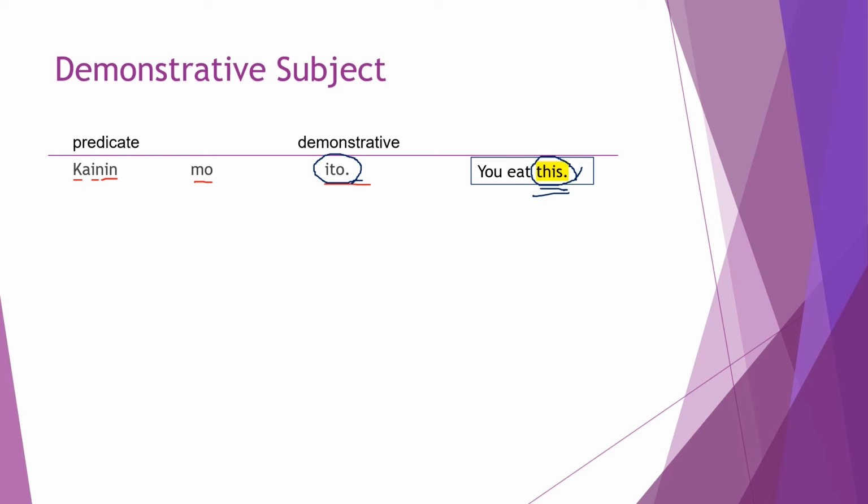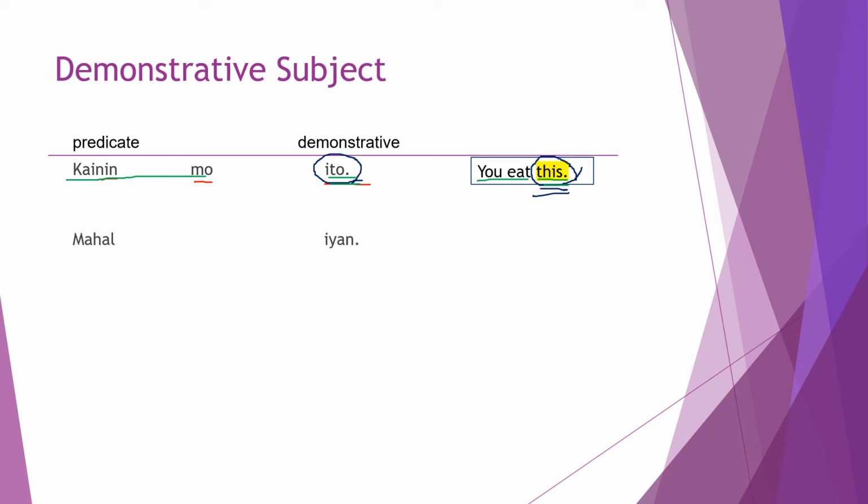By the way, kainin mo means you eat in English. And again, ito is this in English, right? So, yeah. Please remember ito for this.